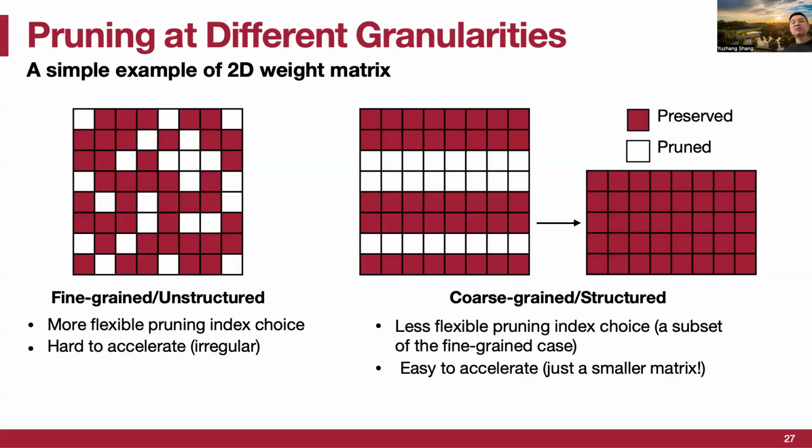If we can prune the weight matrix in this manner, we get a more compact matrix. We can prune three columns out and go from this eight by eight matrix to a five by eight matrix, right?